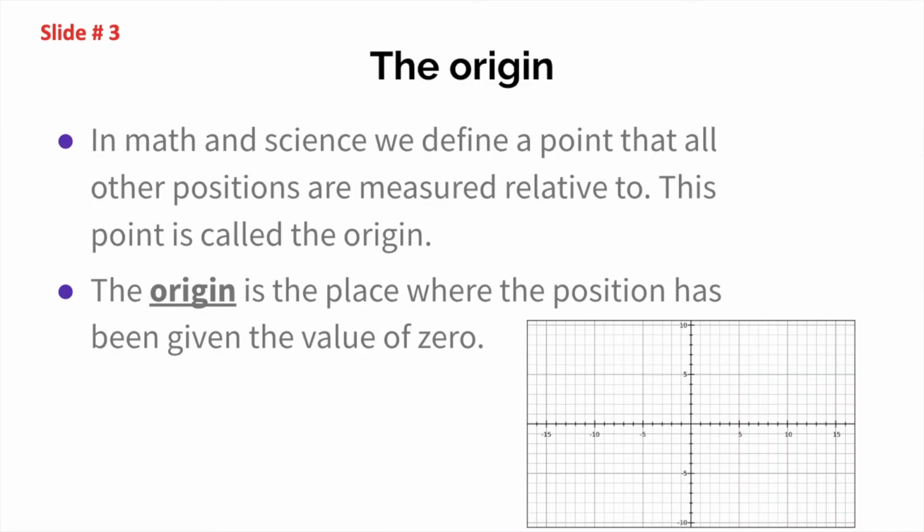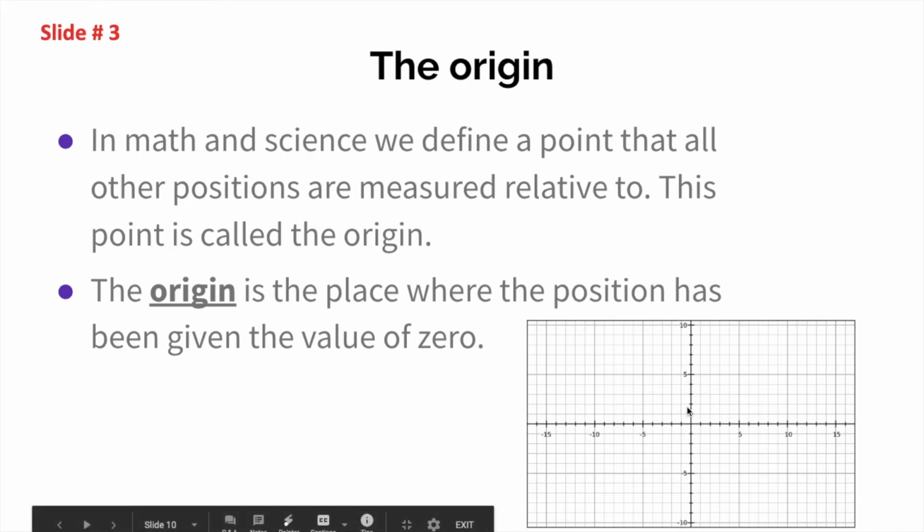And so I said something in the last slide, and I said that position is relative to something we call an origin. You may have heard the term origin in math before. It's a place where your position has maybe been given a value of 0. We talk about the origin of a graph being the center at 0, 0.